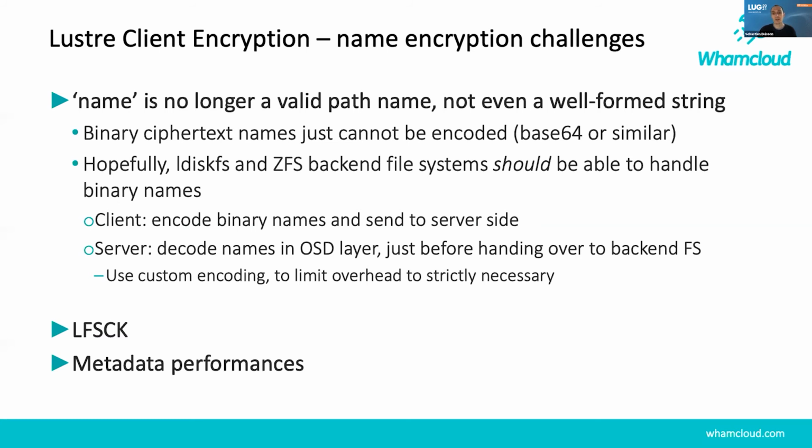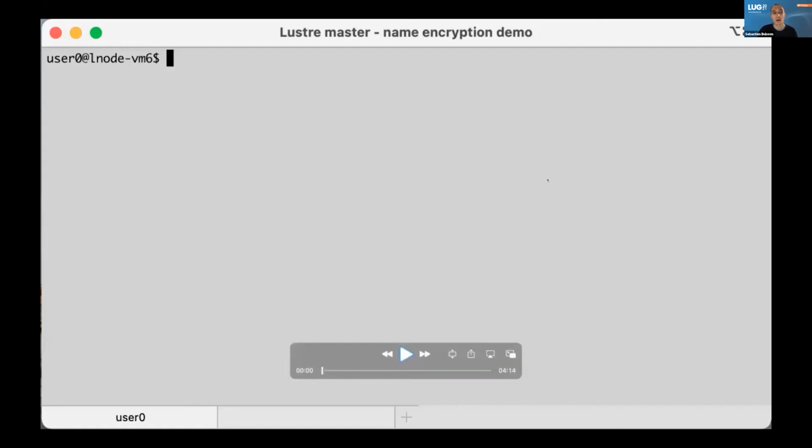To see how name encryption looks like, let's go for a new demo. So let me switch my display again. All right. So this is a new demo to show you this prototype code of name encryption.